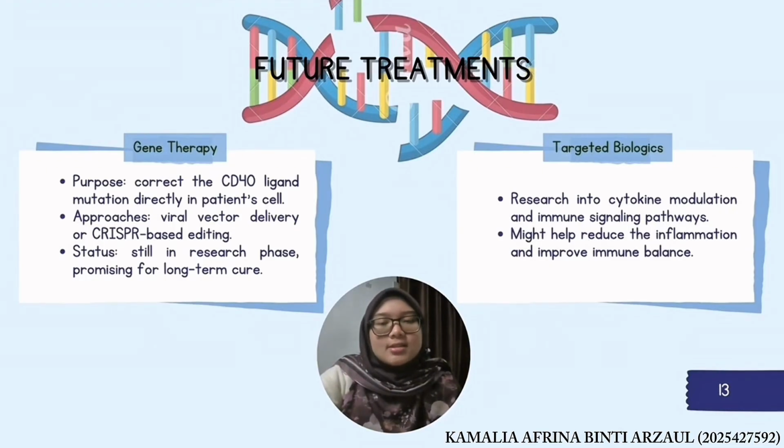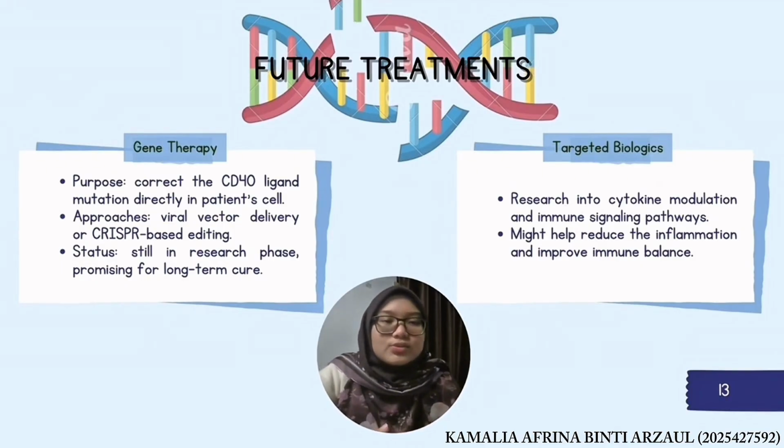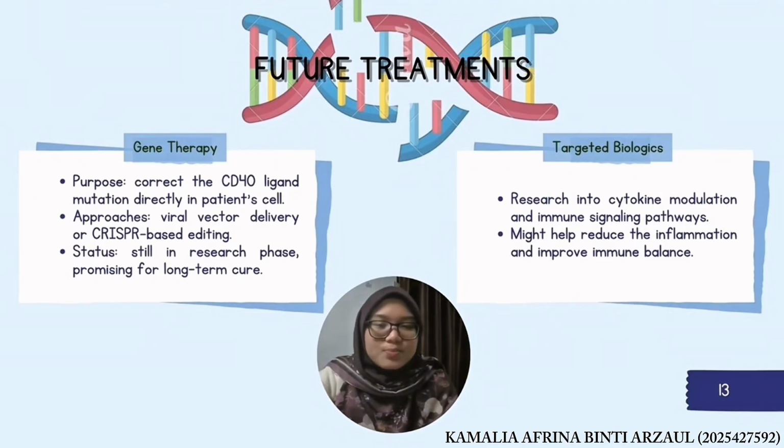The status is that this therapy is still in the research phase and is promising for a long-term cure. The second one is targeted biologics, where they are doing research into cytokine modulation and immune signaling pathways. This therapy might help reduce inflammation and improve immune balance in the patient's body.